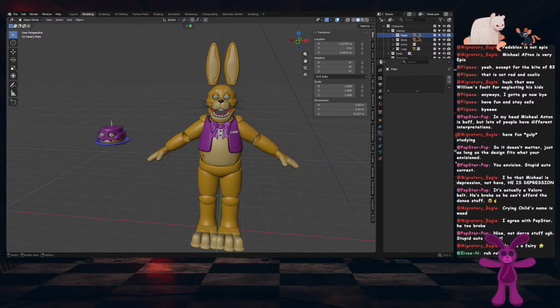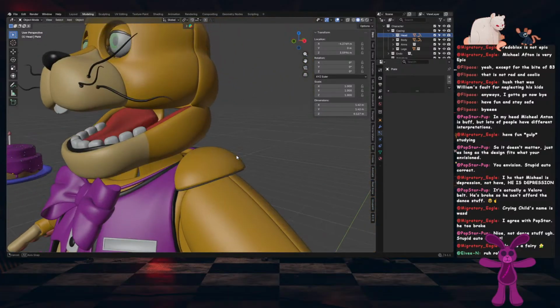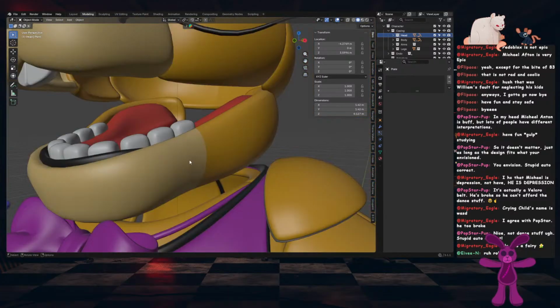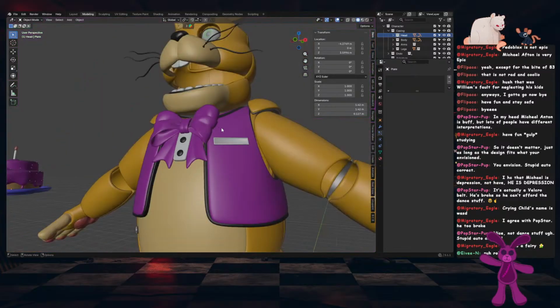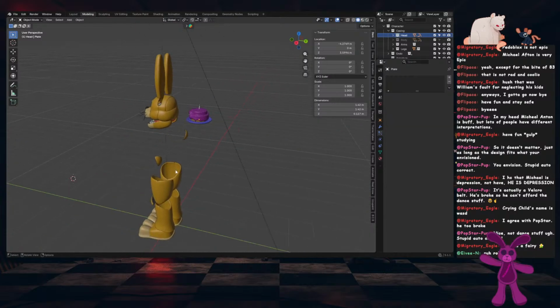Alright. I think I want to add a mesh cover in here. But at the same time, I'm not too sure. Why are you not in body? You should be in arms. Why are my arms not in arms? Hello?